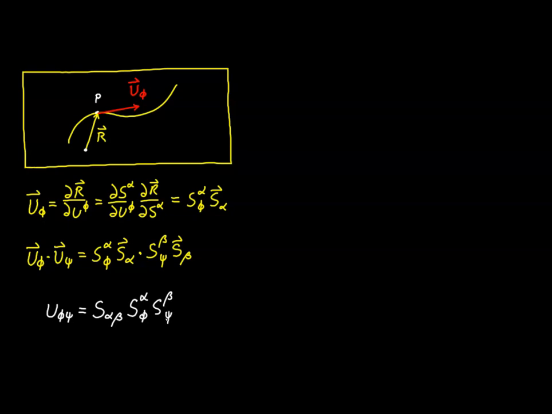So what we have now is the covariant metric tensor for the curve expressed as a function of the covariant metric tensor for the surface times these shift tensors.